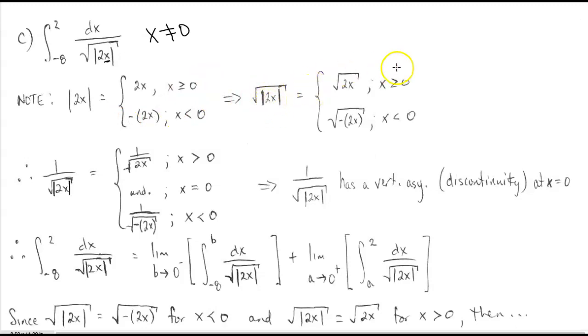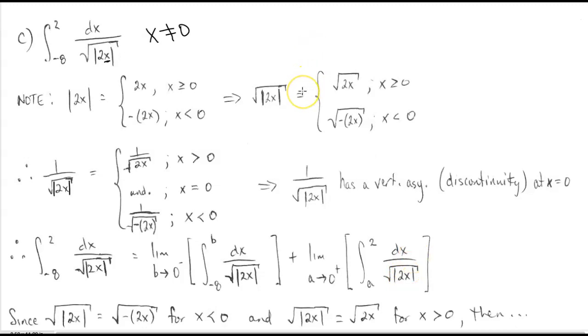So if I square root that, then as long as x is non-negative, it would just be square root of 2x, and for all negative values of x, it will be square root of the negative of 2x.